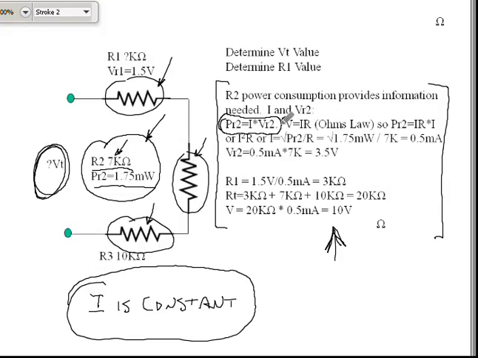Then through Ohm's law, an equivalent for the voltage is current times resistance. Substituting that into the power equation, the power at R2 is equal to current times R times current again, or I squared R2.